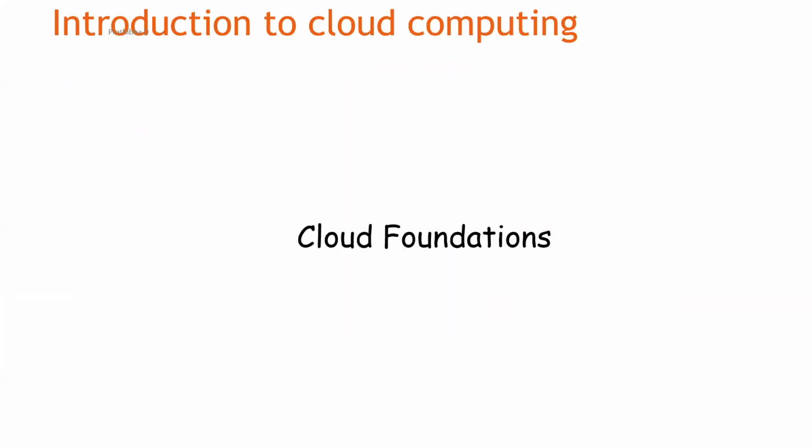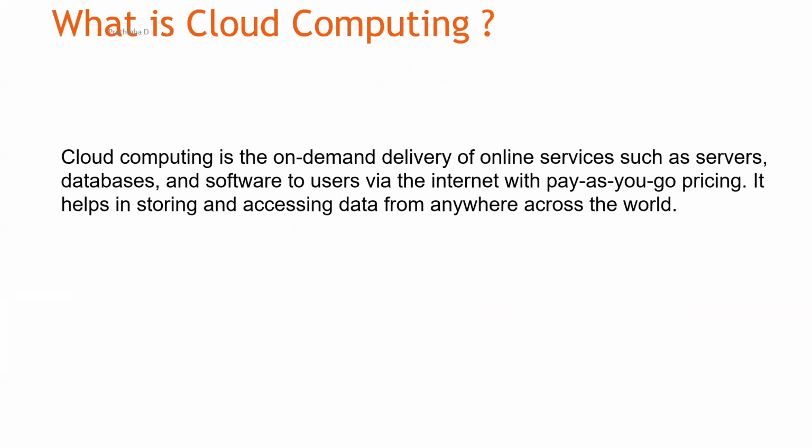So service providers have different types of services they provide. So in case of my cloud computing, what are the services it provides? It provides servers, database, storage, networking, all the services with pay-as-you-go pricing. So how much you're using, so much you're paying.